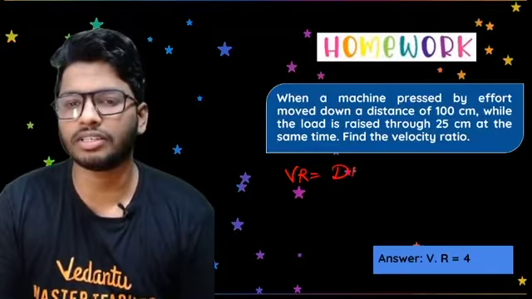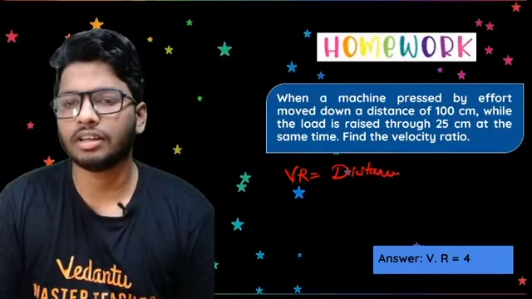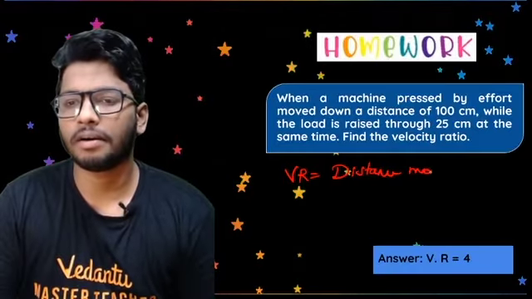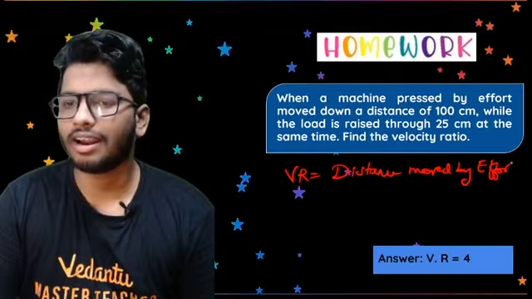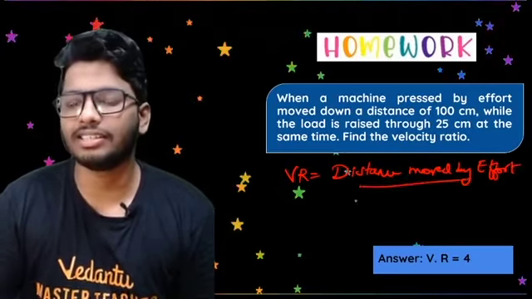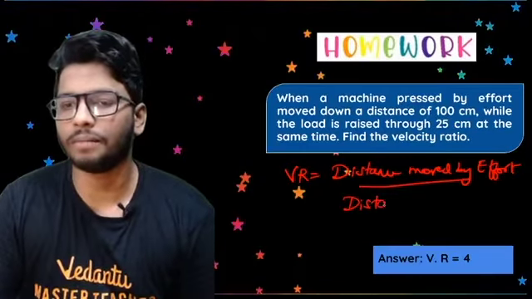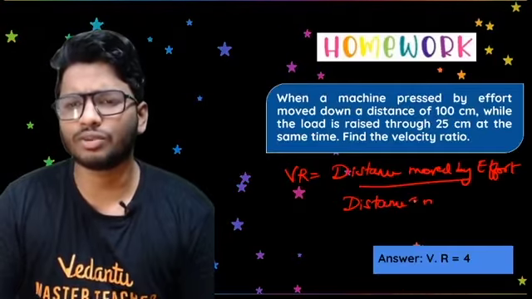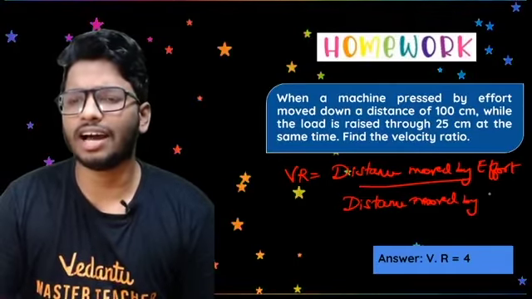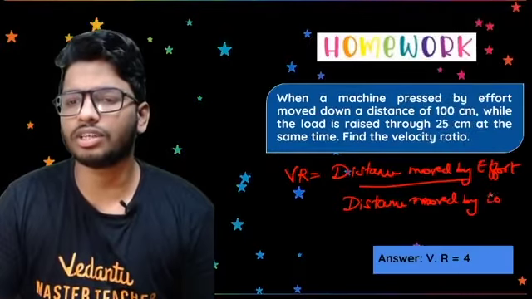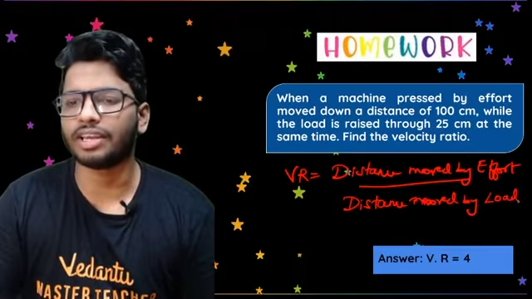So I'm just going to represent it as distance moved by effort divided by distance moved by the load. So that is the formula, guys. Now it's very simple. You just have to substitute the values and you would get the answer.